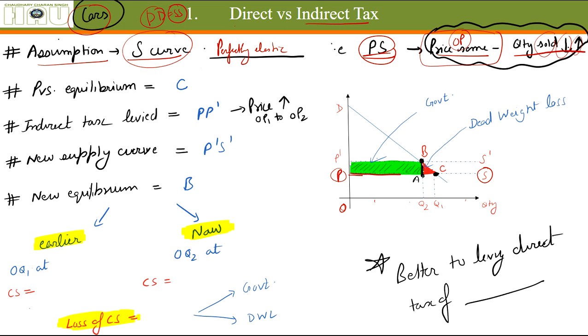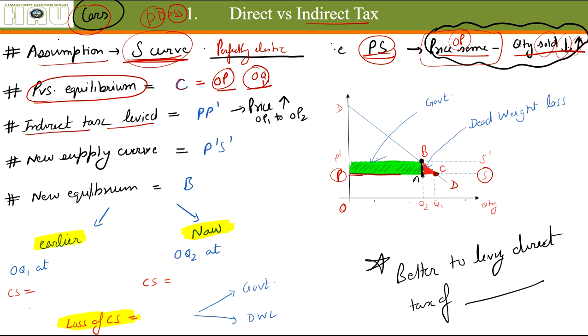Earlier, when the supply curve was this and the demand curve was D, the equilibrium was at point C. At this point, the equilibrium price was OP, and the quantity sold, which is the same as the quantity bought, was OQ1. This was the equilibrium price and equilibrium quantity, OP and OQ1.